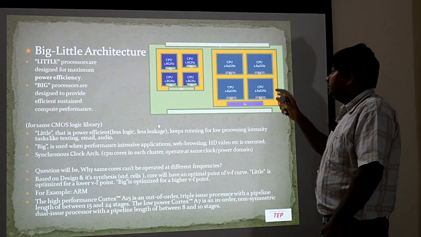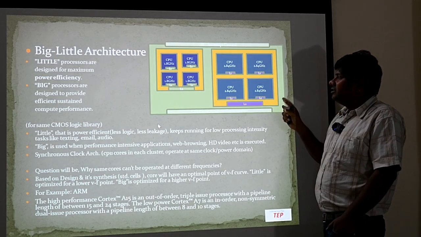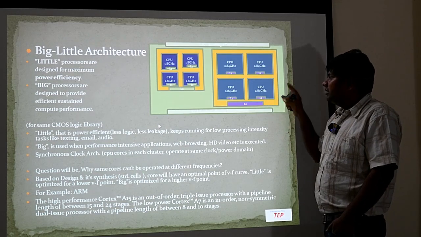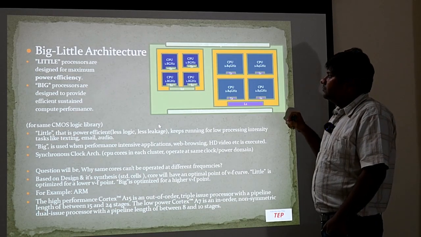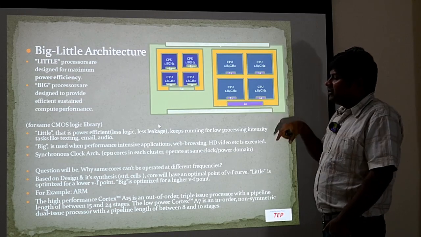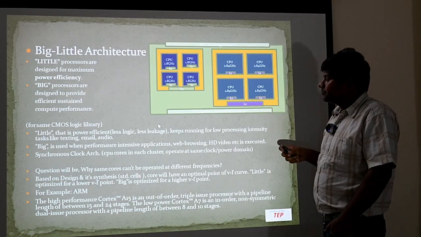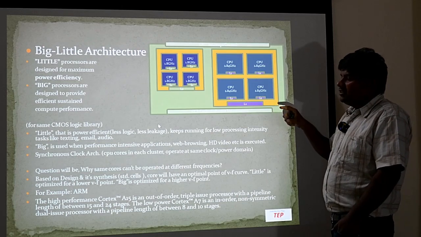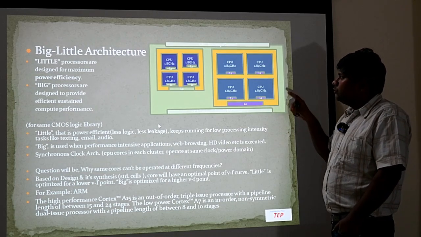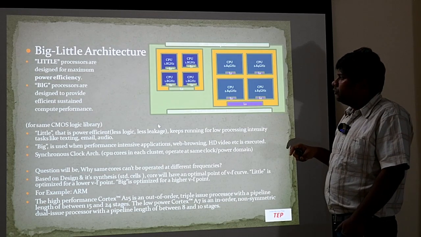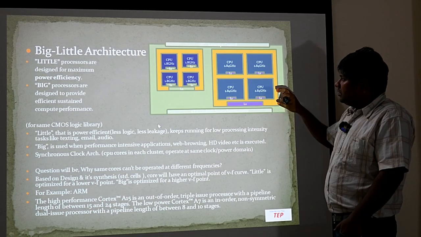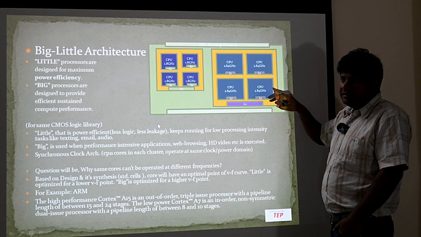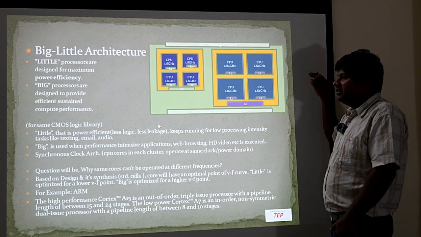And the other cluster is designed in such a way that it is optimized for high frequency workload. So in the VF curve, what we saw earlier, as we increase the frequency, more voltage is applied.